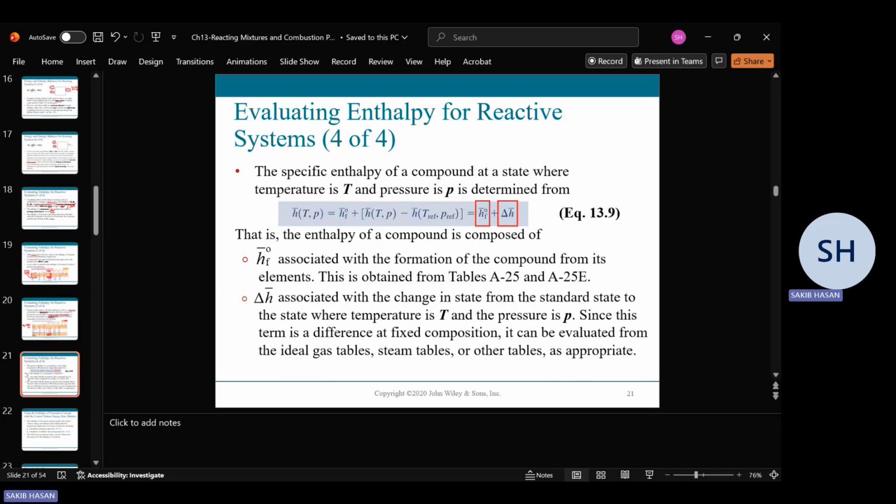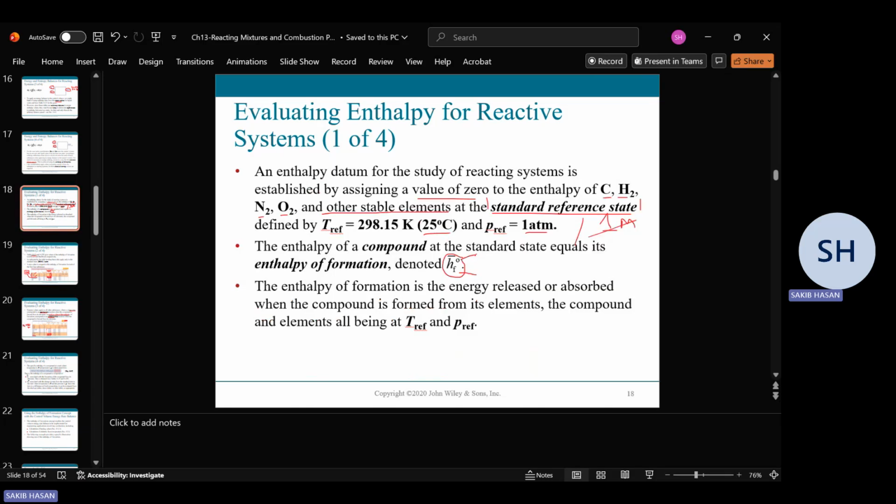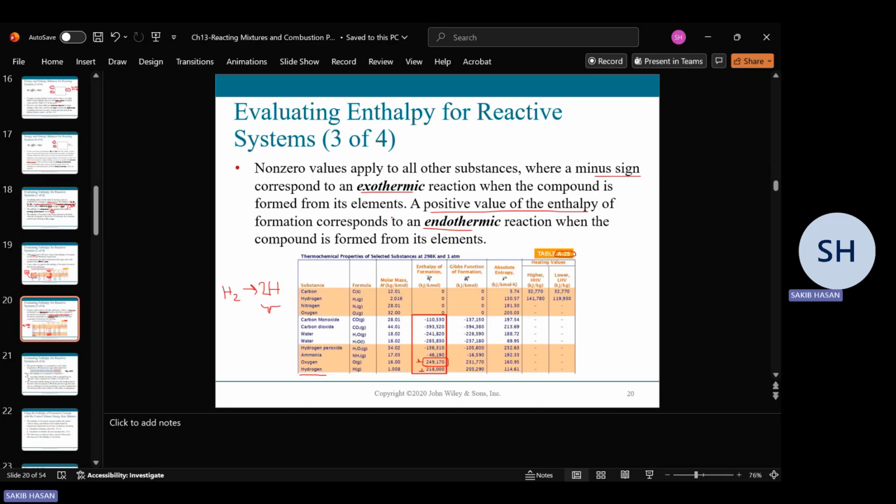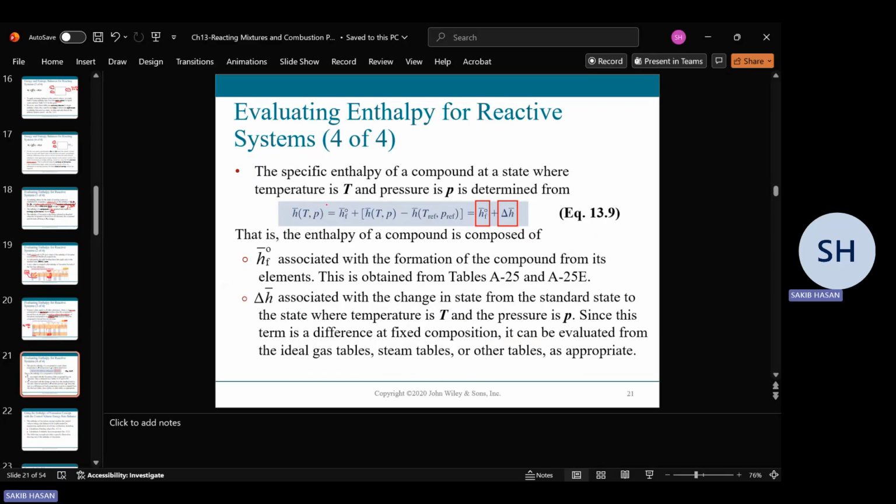All right. And so for the next part, we take these ideas so far that we've seen of enthalpy of formation, and we can start to define the absolute enthalpy of substances by adding the formation enthalpy as well as the change in the enthalpy from my standard state to whatever specific state that I have, right?